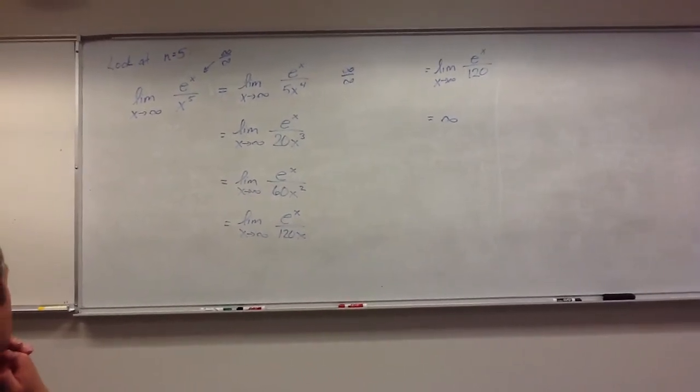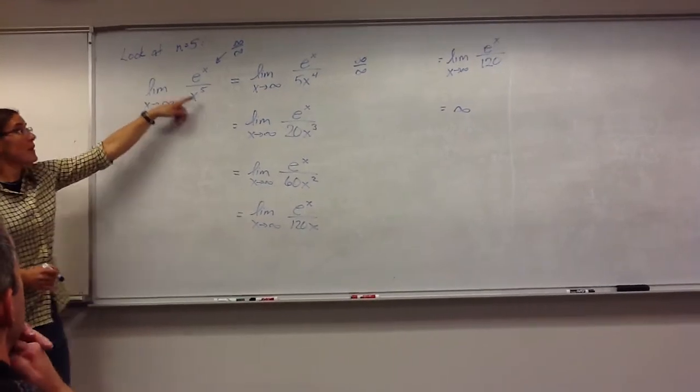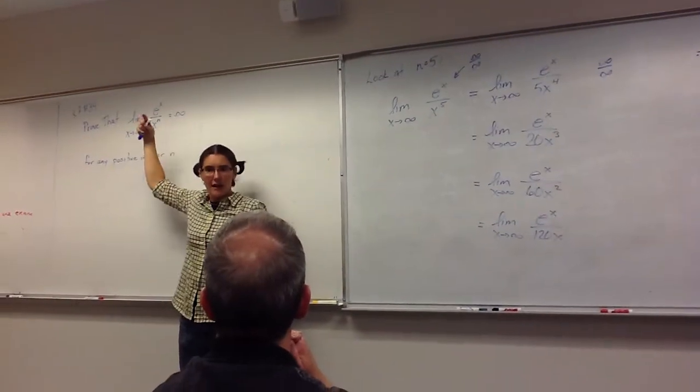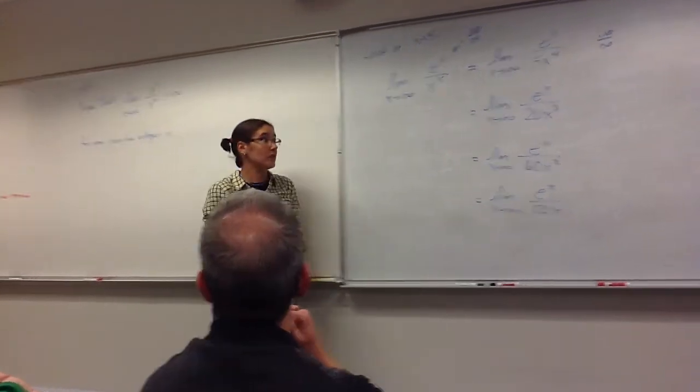Okay. Well, let's start with the numerator, because there's not a whole lot to be said about that. So let's say what we can about the numerator. No matter what our n value is here, that numerator is e to the x, and every single time we take a derivative, that numerator is still going to be e to the x.